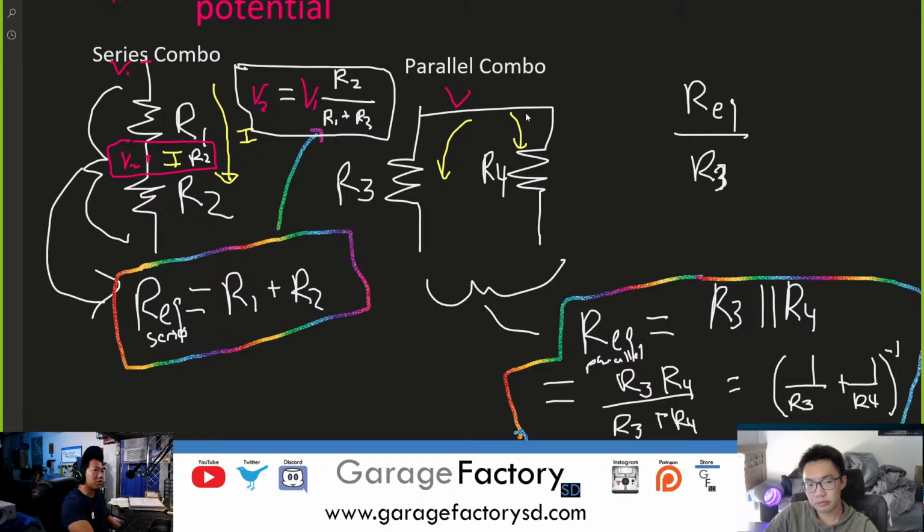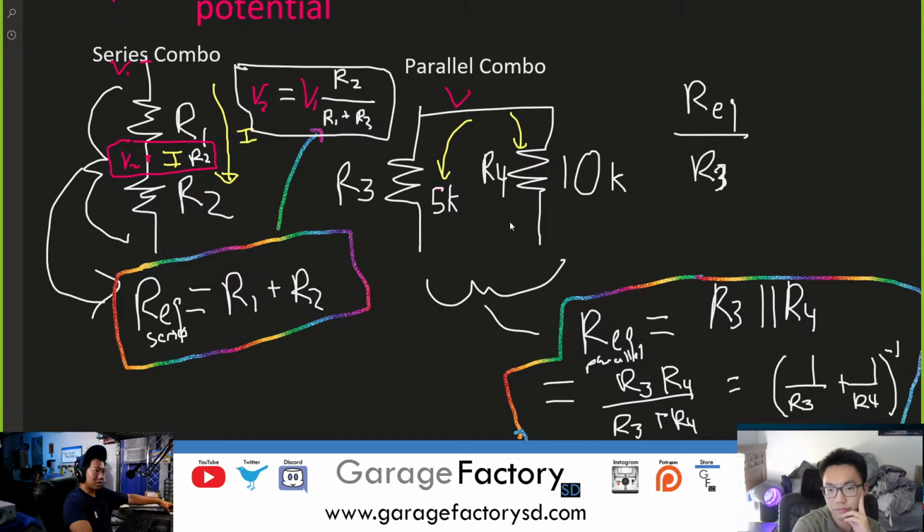Let's put some numbers in and say this is 5K, and this is 10K. I don't know off the top of my head what the REQ is, so I'm going to do the equation.